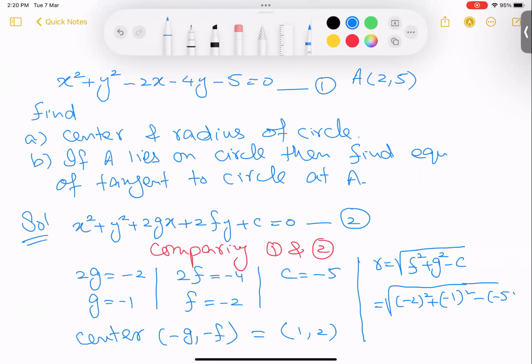So in short, what answer do I get? 4 plus 1 is 5, and 5 plus 5 is 10. So root 10.